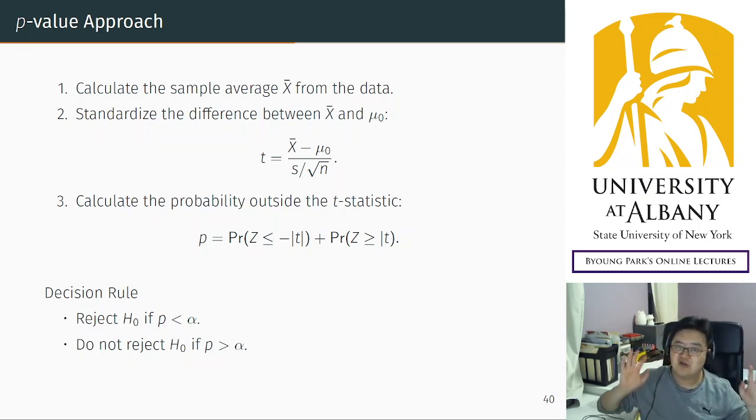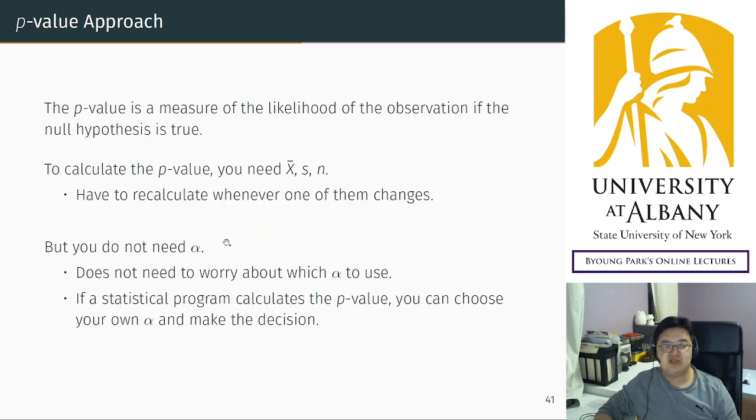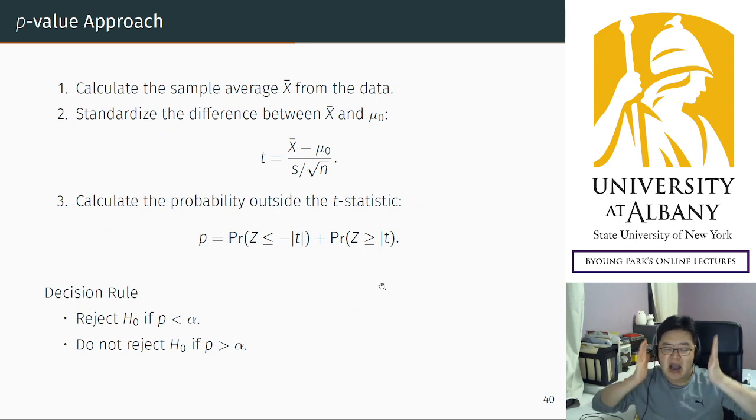So we are going to calculate this p-value. The p-value is the probability of being smaller than minus t or greater than plus t. Here is a typo. I have to put another absolute value here. So this is the p-value, which is the probability outside of plus minus the t statistic.